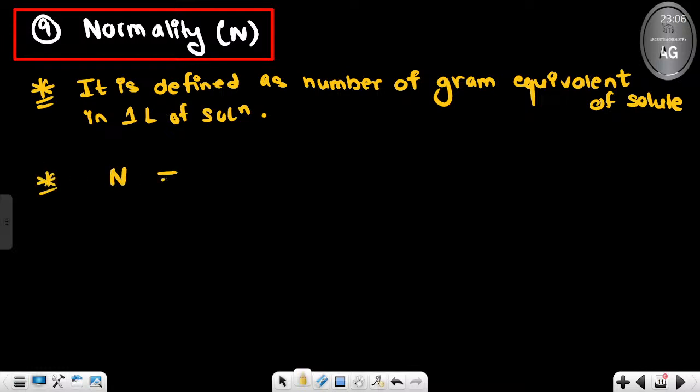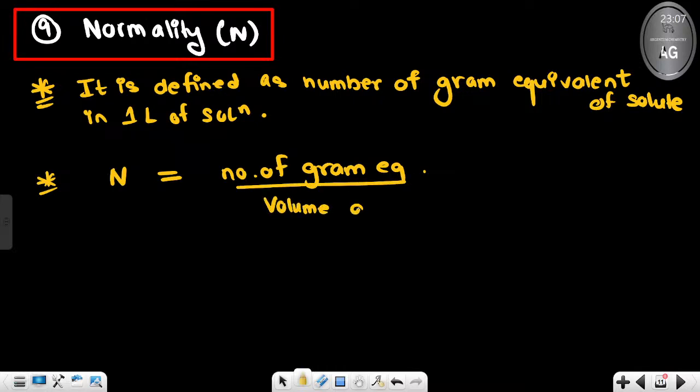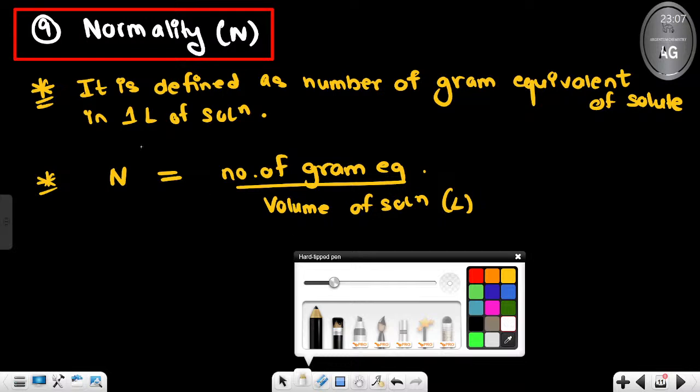N equals number of gram equivalent divided by volume of solution in liter, right? So this is going to be my important formula.